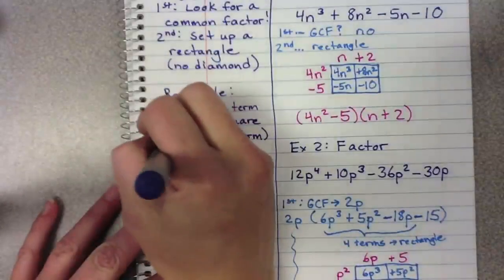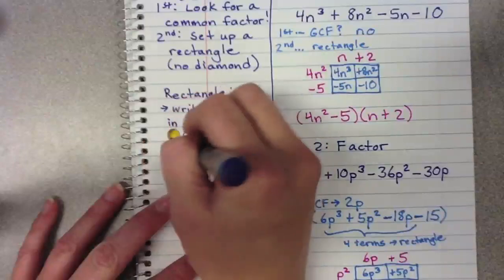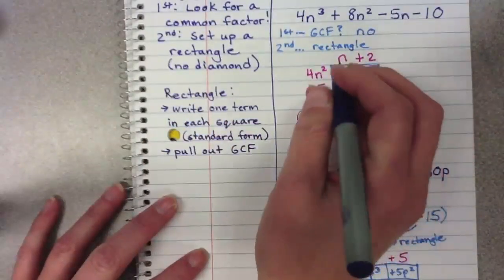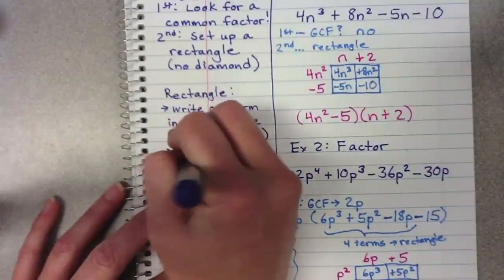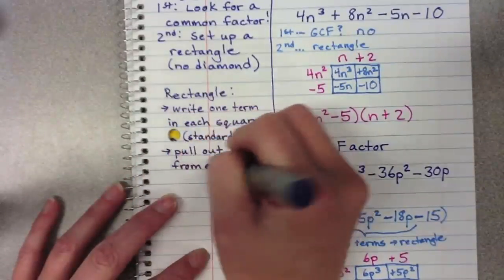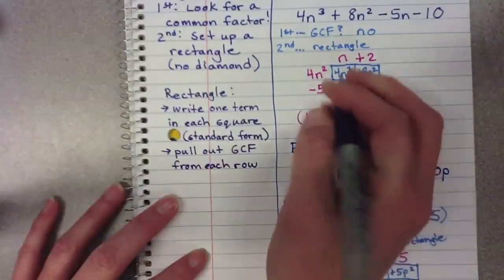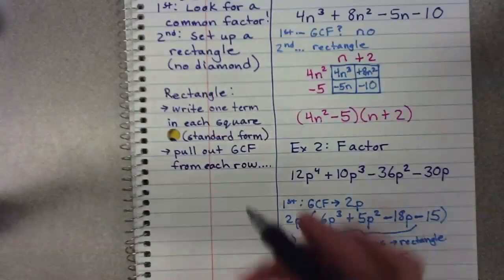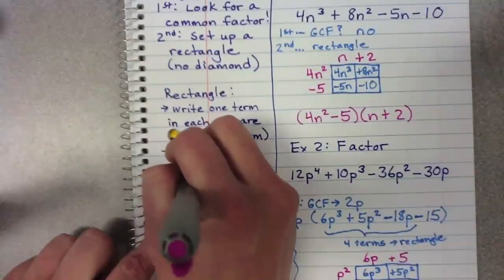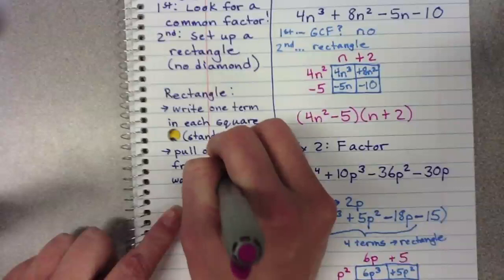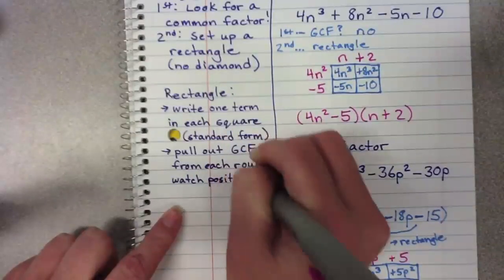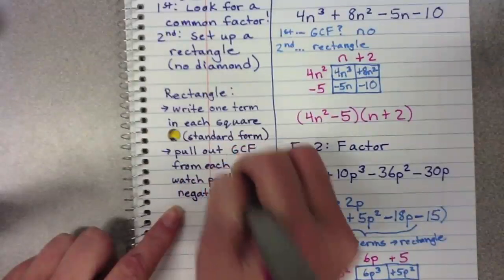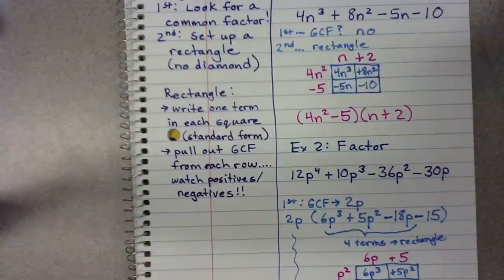And then, like we've been practicing for a while, you're going to pull out the GCF. It has to be the GCF from each row. You need to watch positives and negatives. Really watch those positives and negatives.